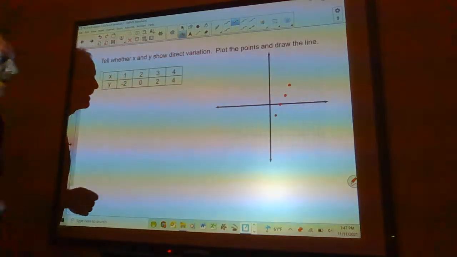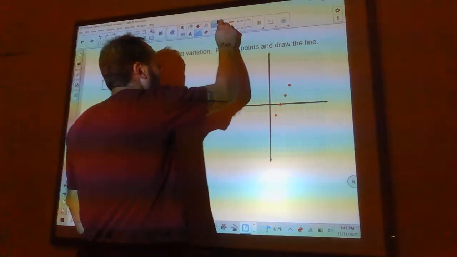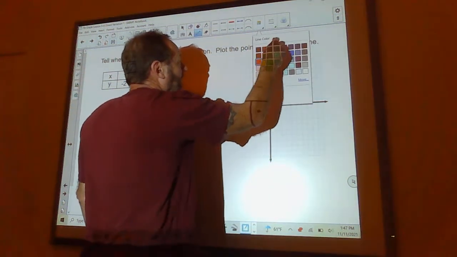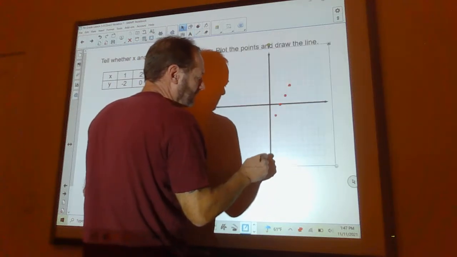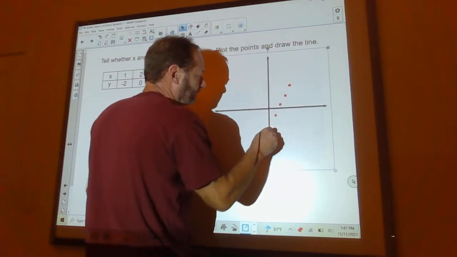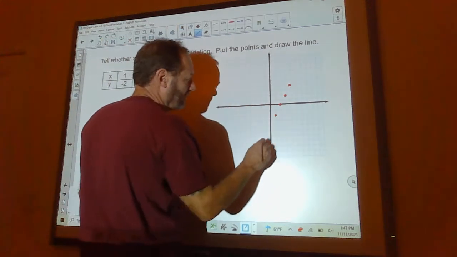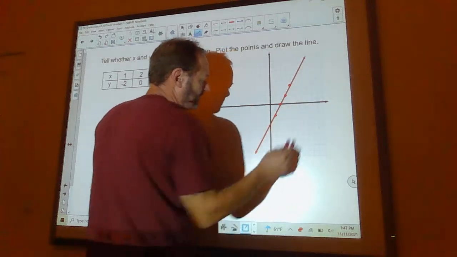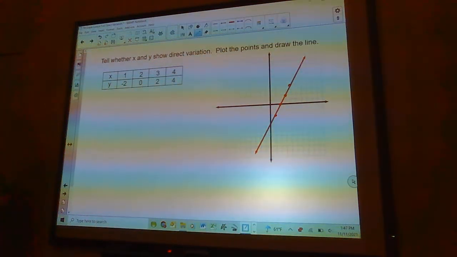There we go. So at least it's a straight line now, but even if I draw that line, it's not going to be direct variation because it doesn't go through the origin.